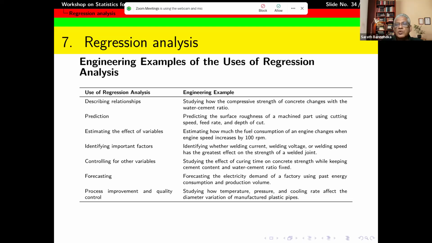So it's very similar to prediction actually. And as an example of process improvement and quality control, studying how temperature, pressure, and cooling rate affect the diameter variation of manufactured plastic pipes. Right? So in all these examples, regression analysis can be used.